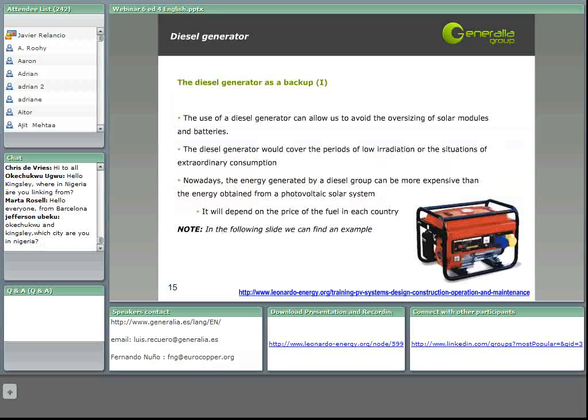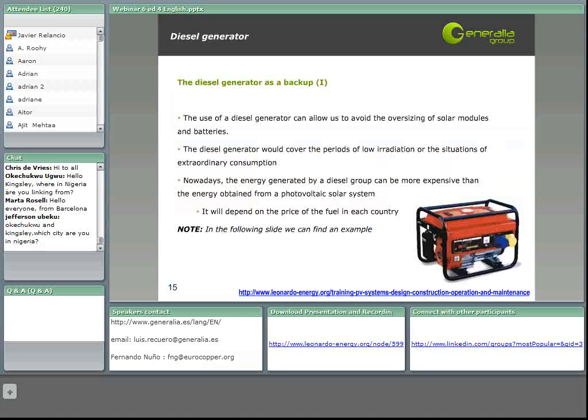As we have said along the webinar, a diesel generator can be used as a backup in order to reduce the number of panels and batteries that we need to guarantee the supply after several days without sunlight, or in the situations of extraordinary consumption. As we will see in the next slide, nowadays the energy generated by a diesel group can be more expensive than the energy obtained from a PV system.